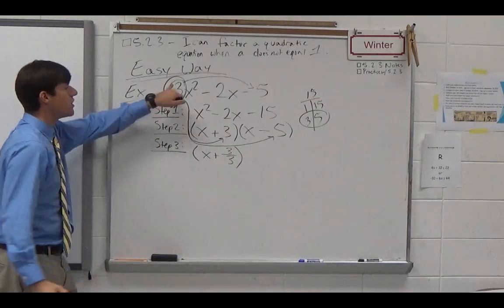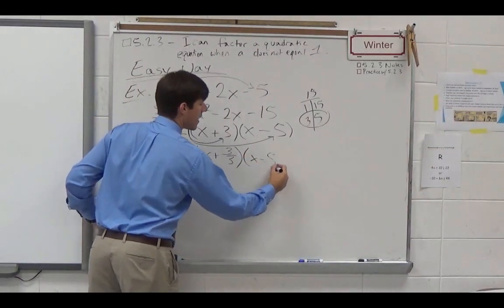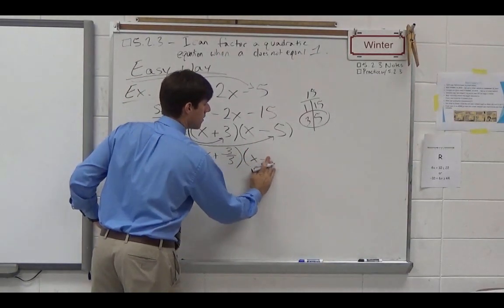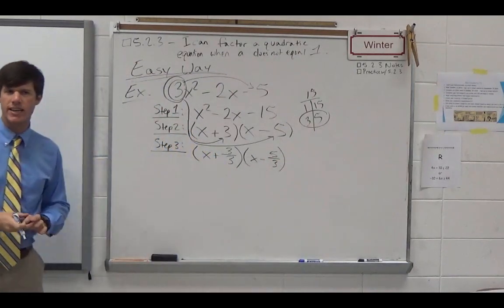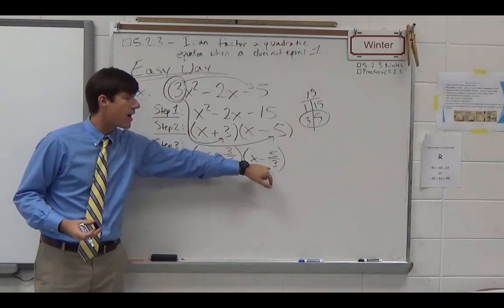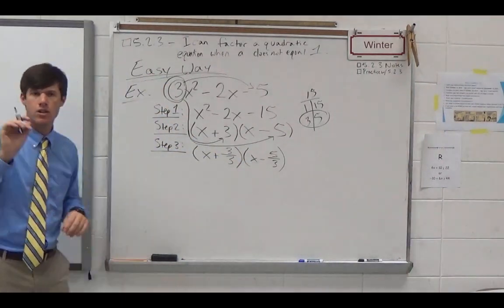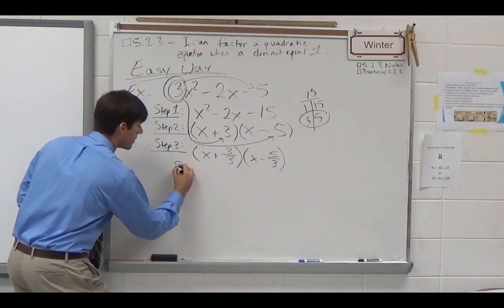That's that leading coefficient I'm bringing down. X minus 5 divided by 3. See what I did there? I just brought down the leading coefficient and divided it at the end.